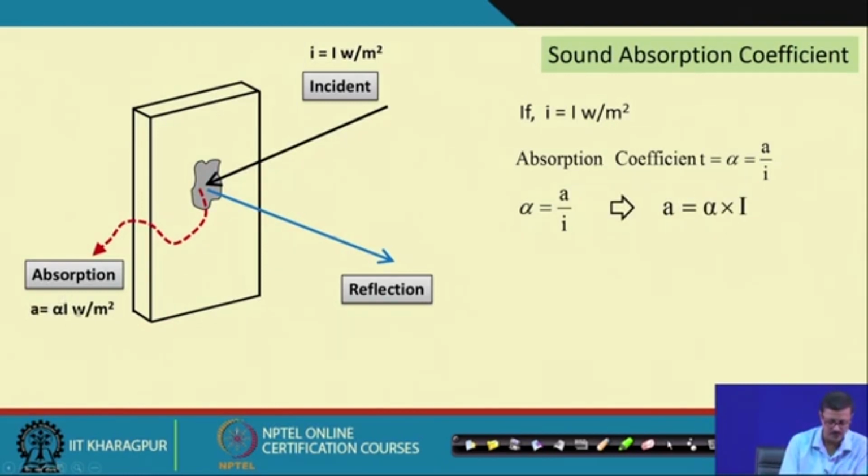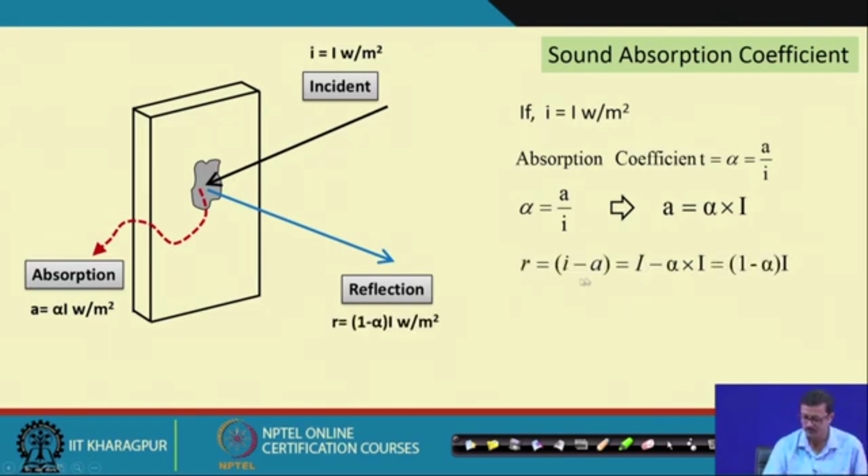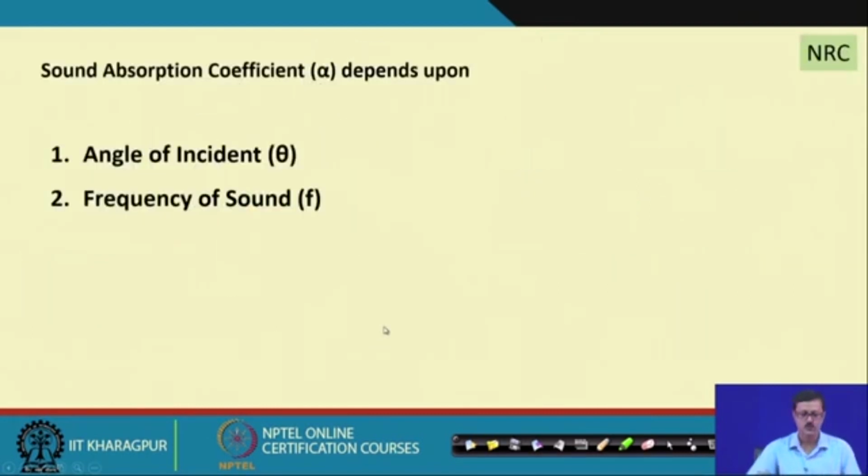What remains in the room after the reflection is I minus alpha times I, because alpha times I is absorbed. So, the reflection will be (1 minus alpha) times I.